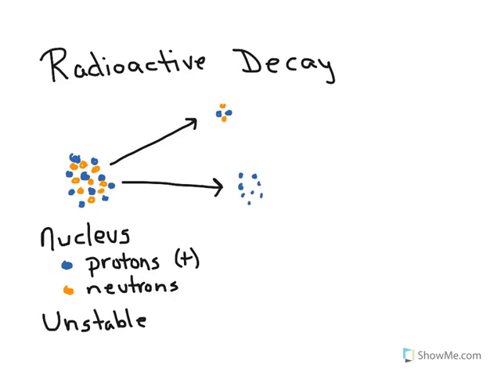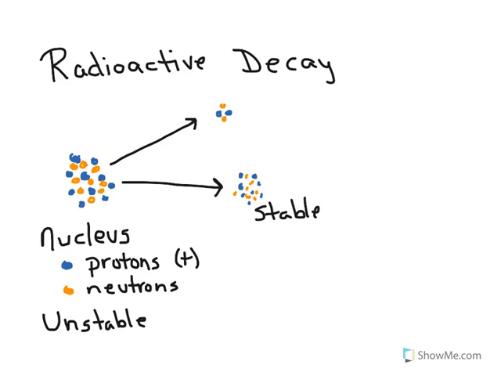Our original nucleus had 9 neutrons, so we're going to have 7 neutrons left. This is one example of radioactive decay, where we've lost what's called an alpha particle. It's really the nucleus of a helium atom, and the rest of the nucleus remains. What remains is stable, so we have gone from being unstable to stable by losing part of that nucleus.